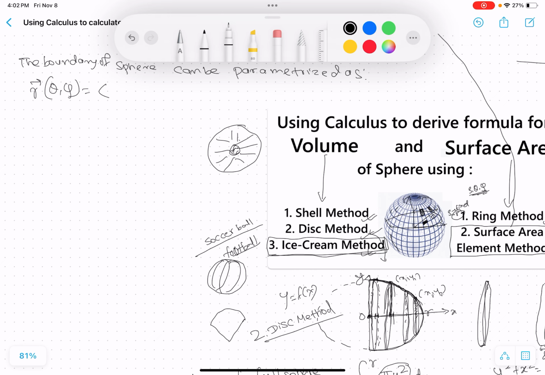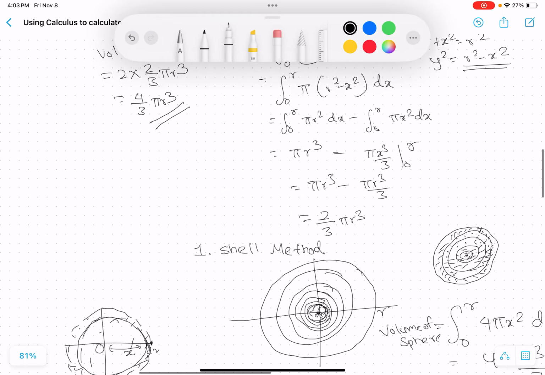I mean, the boundary means just the surface, right? X coordinate will just be rho. Rho is just a constant, right? Let me write r actually, because r is a fixed value. Rho seems like a changing variable, right? This will just be r sine phi cos theta, and then r sine phi sine theta, and then r cos phi. I have already shown this in the spherical coordinate system, right? Yeah, I've already shown this over here.